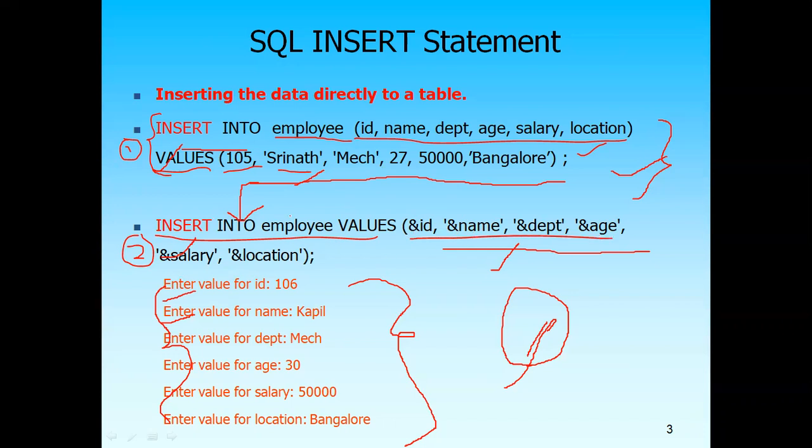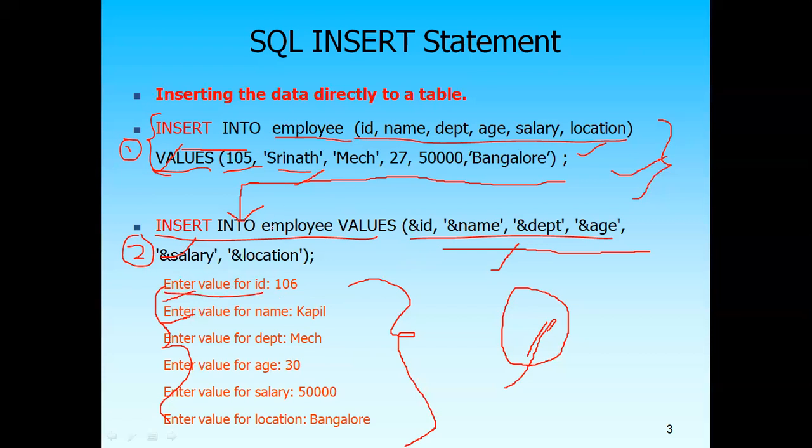So when you type this statement here, instead of passing the values directly, I have passed the address of these variables. These attributes are ID, name, department, with the help of ampersand. So when you execute this statement, the server will ask you to enter the values of these fields one by one. This message is given by the server.